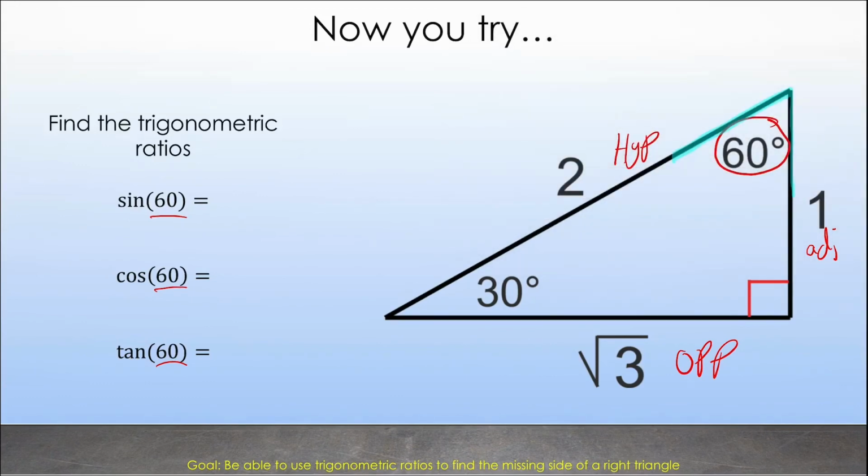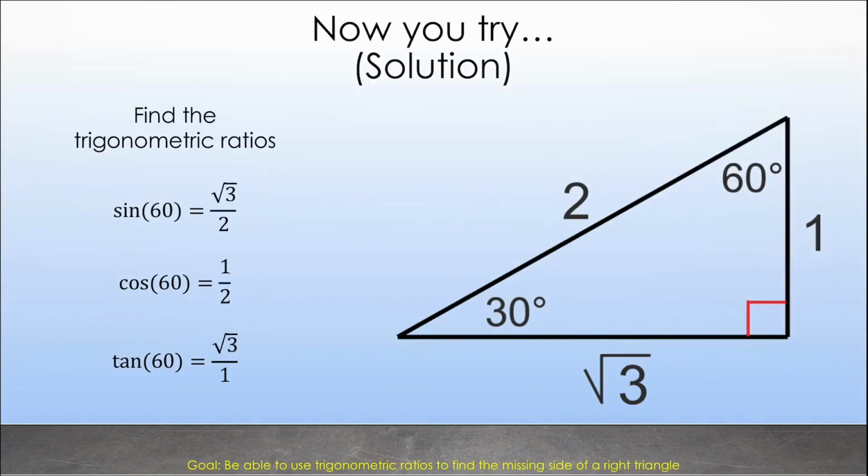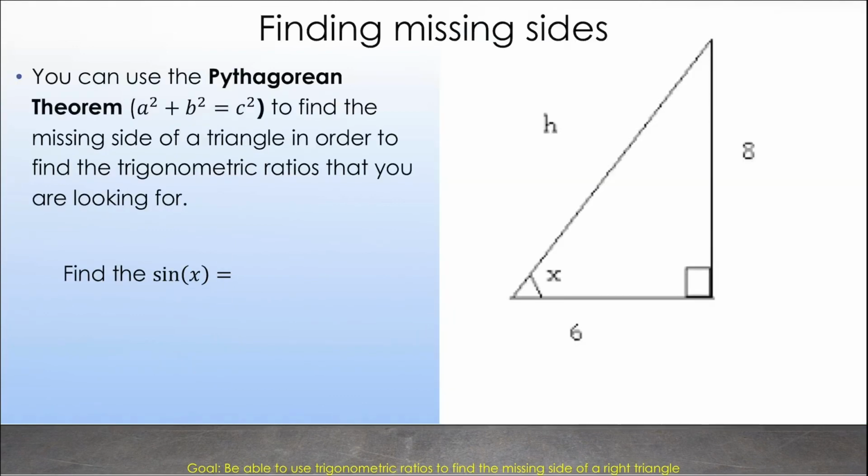Okay, so the sine of 60 is SOH, opposite over hypotenuse, so the square root of 3 over 2. The cosine of 60, so CAH, would be adjacent, 1 over 2. And the tangent of 60, so TOA, is opposite over adjacent. We have the square root of 3 over 1. Boom, we got it.